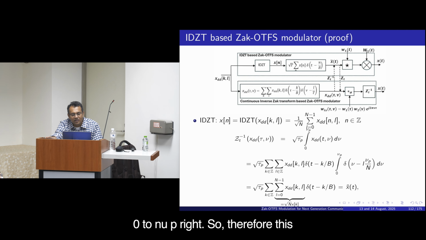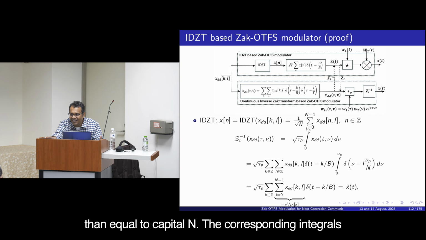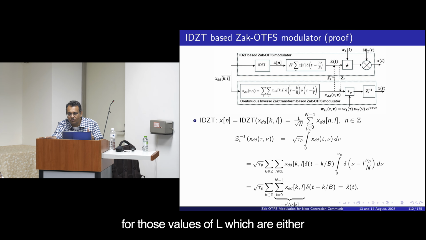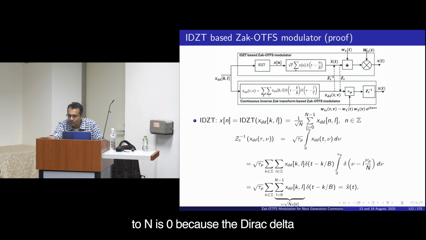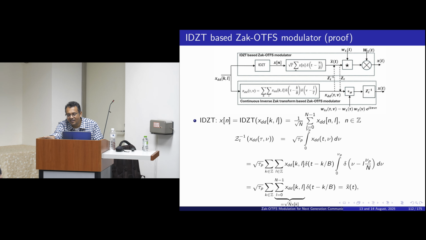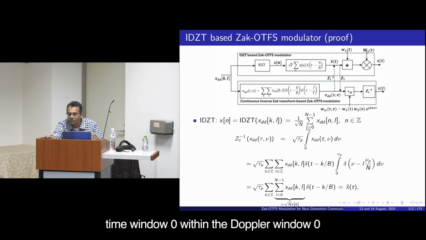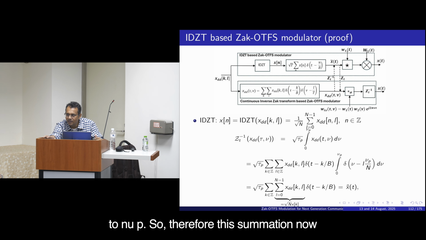So, this summation over small l will give you 0 for the terms where L is either negative or L is greater than or equal to capital N. The corresponding integrals for those values of L are 0, because the Dirac delta in those cases is not located within the Doppler window 0 to nu p.